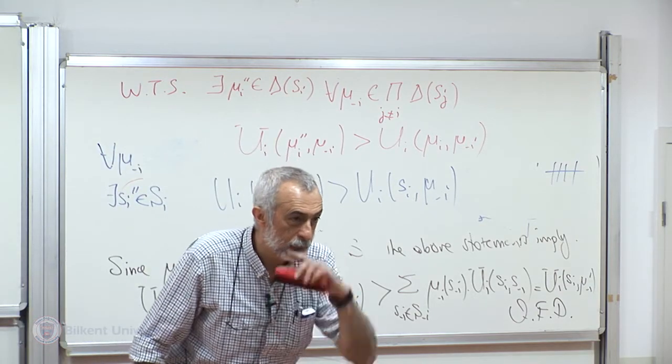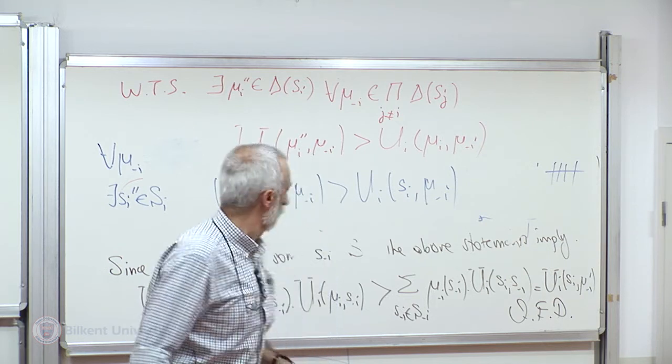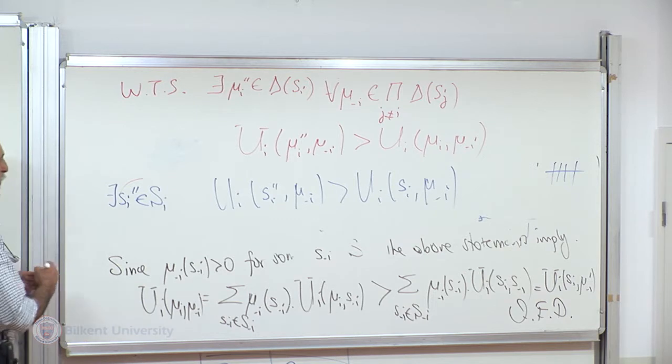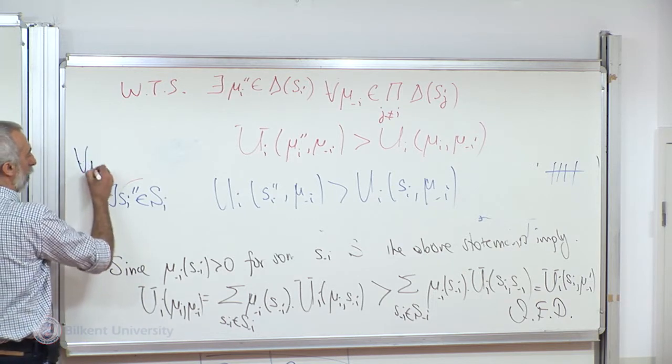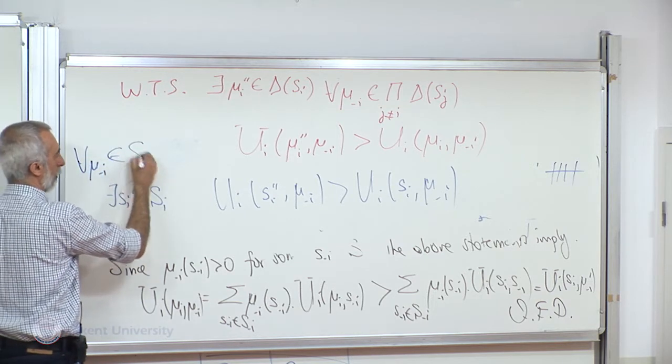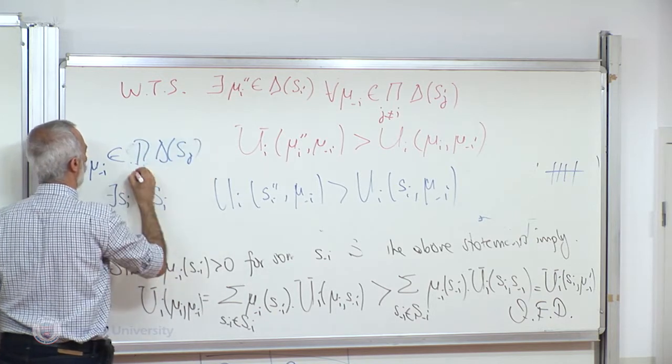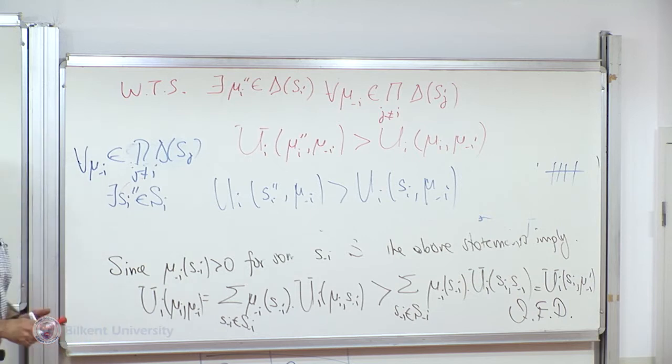Why does s_i double prime depend on mu_minus_i? First of all, the way your friend wrote the statement, whether the statement is true or false, that's a different story.